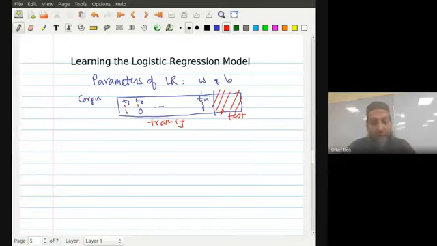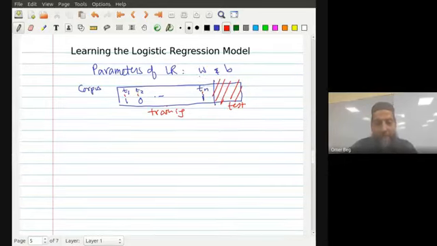So logistic regression is again a supervised method.